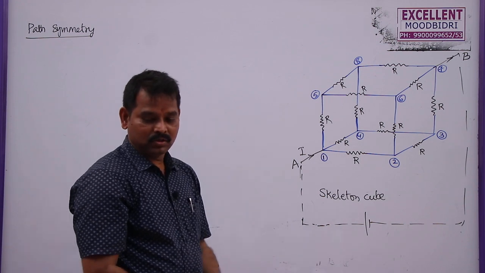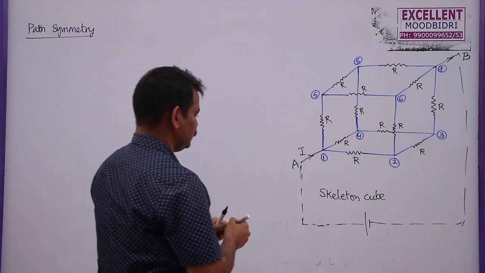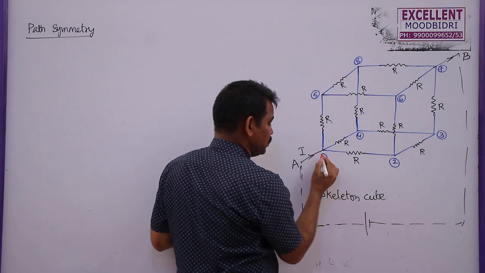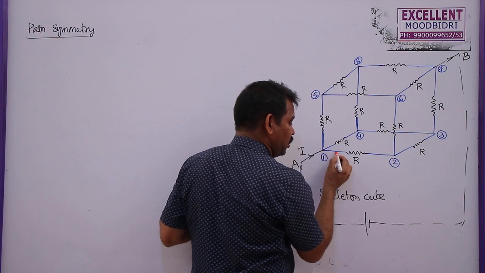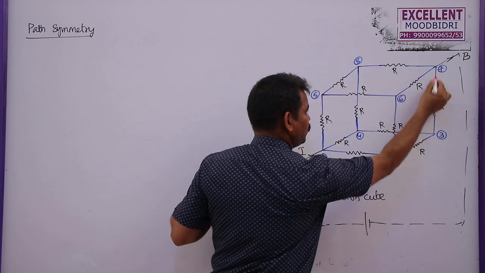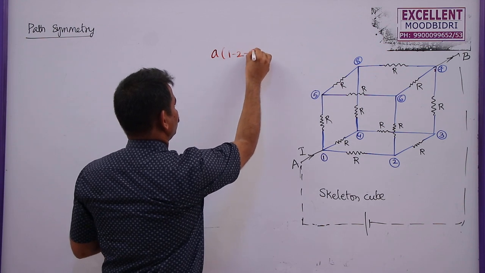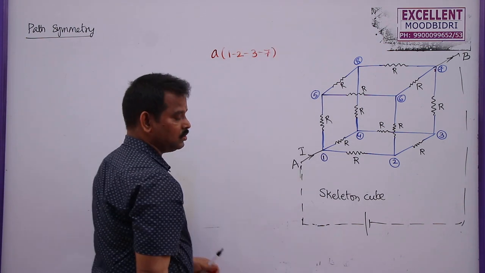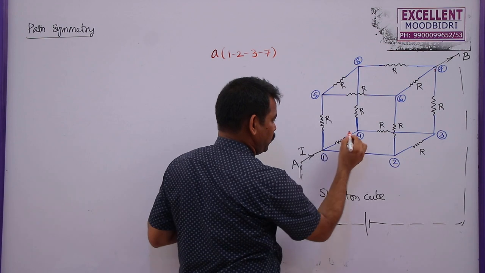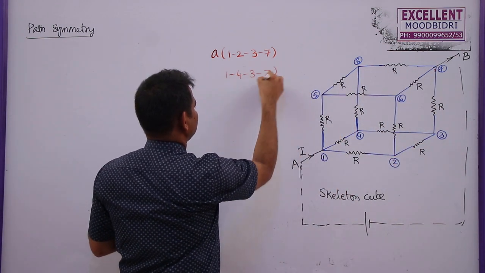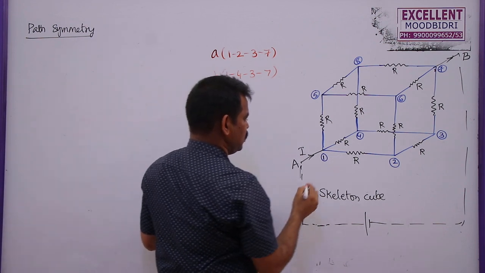it has so many paths. So we will denote the paths in which this current can divide, can move. This current can go along 1, 2, 3, 7. So this is the first path, A, 1, 2, 3, 7. Next, 1, 4, 3, 7. This is one path.